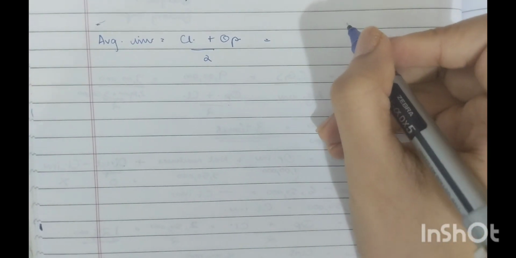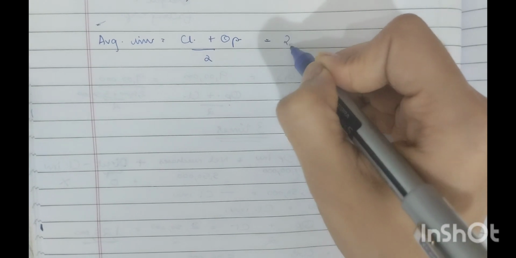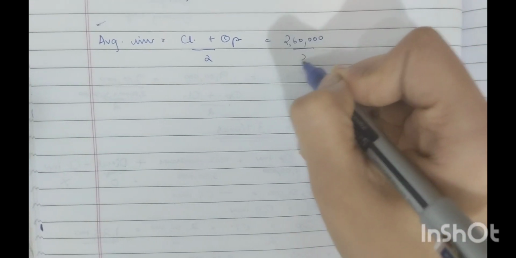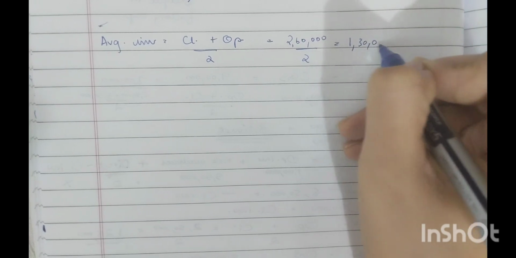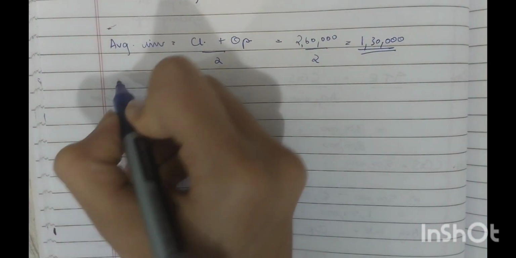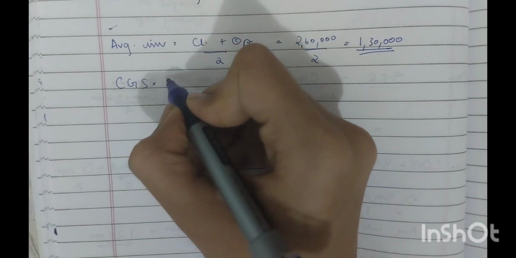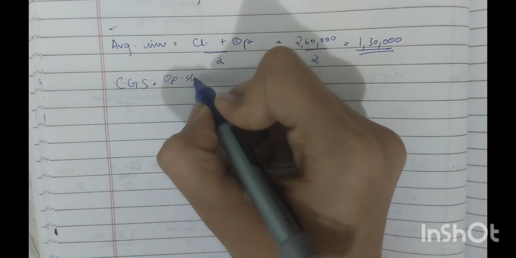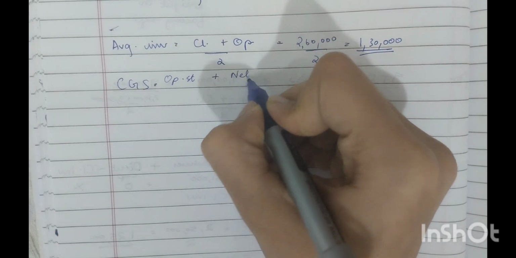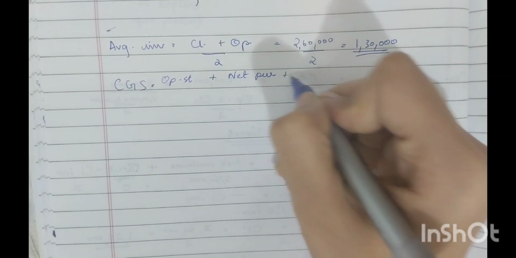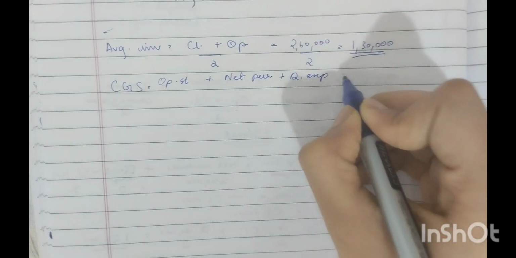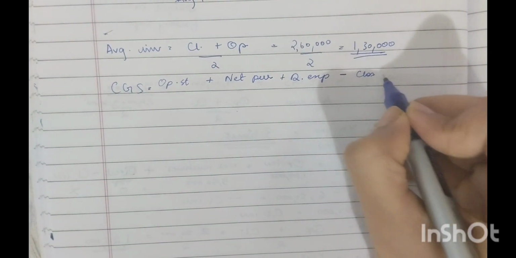First, we'll find average inventory. Average inventory is equal to closing plus opening stock by 2, which is 2 lakh plus 60,000 by 2, which is 1,30,000. Next, CGS is equal to opening stock plus net purchases plus direct expenses minus closing stock.